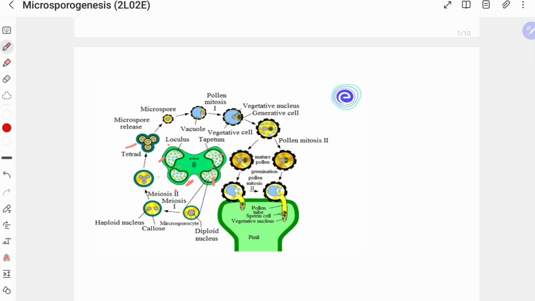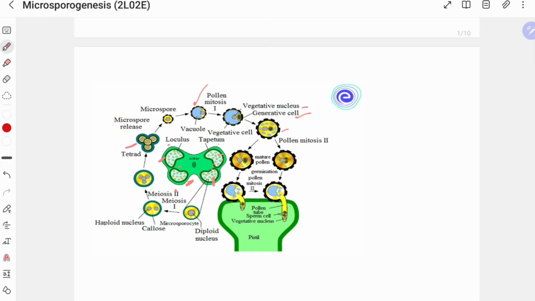After meiotic division, the four microspores grow into the pollen grain. The pollen grain has a vegetative nucleus and a generative cell, both found in the pollen grain, and the outer layer is the hard exine and the inner layer the intine.